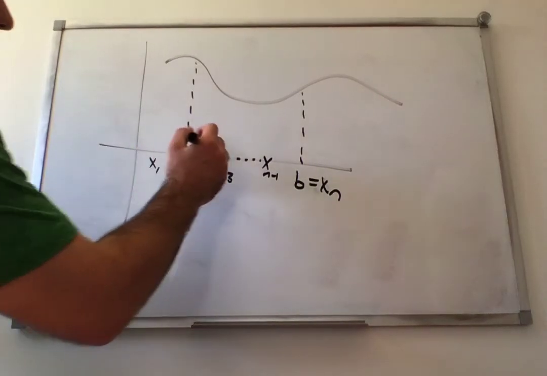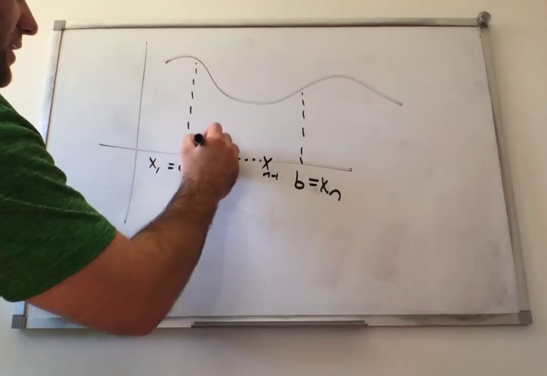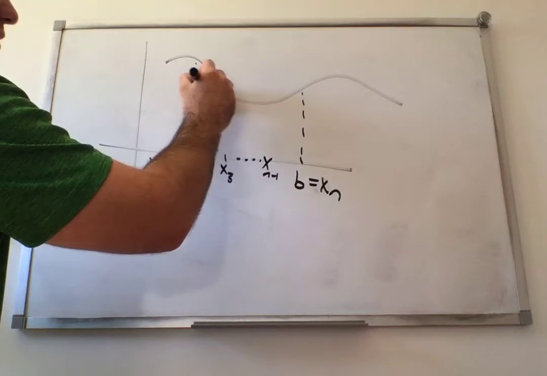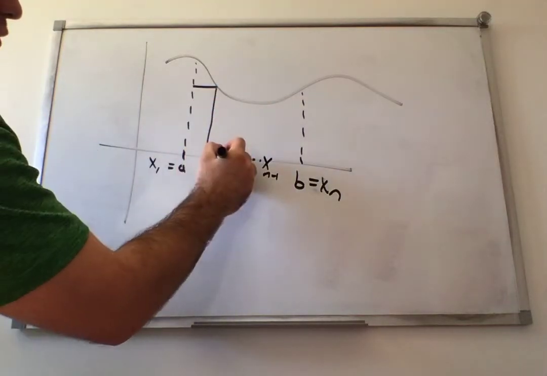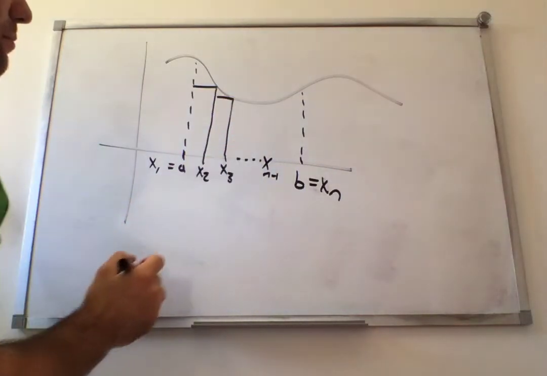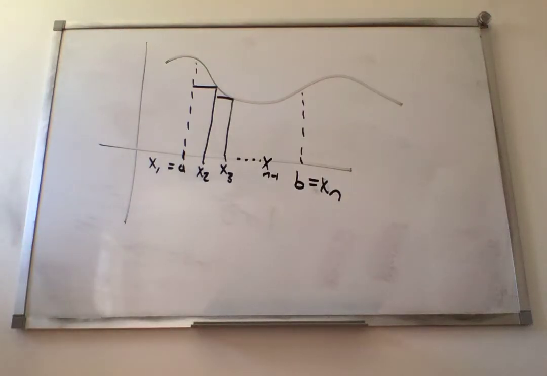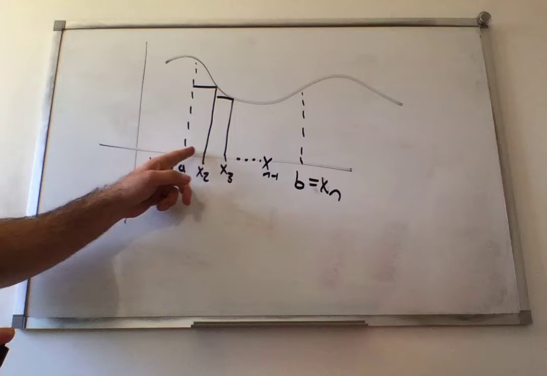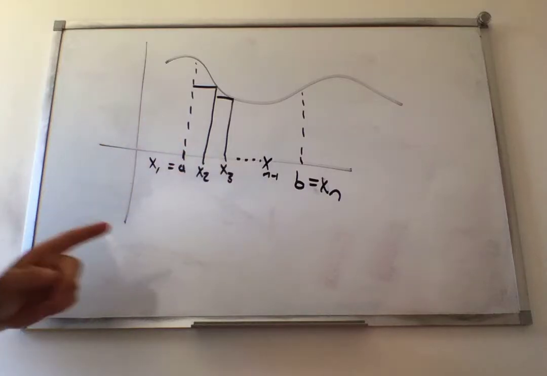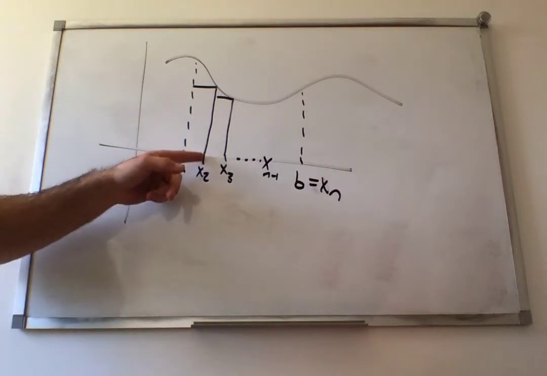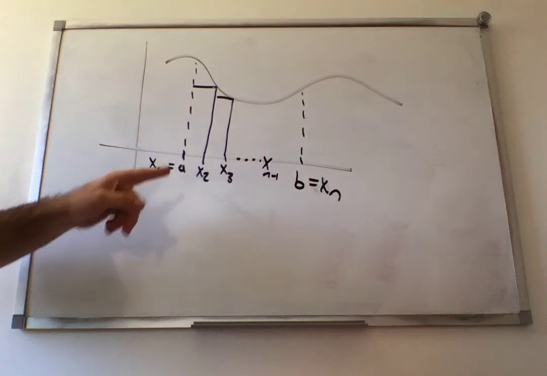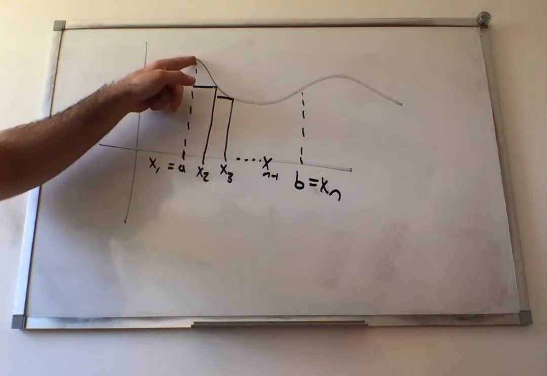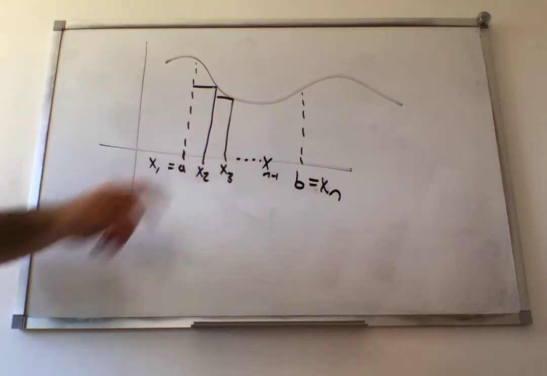If I were to make a rectangle, it doesn't matter how we make these rectangles. Right now, this is using a right endpoint approximation. When we did Riemann sums in the last section, we did a right endpoint approximation, a left endpoint approximation, and a midpoint approximation.